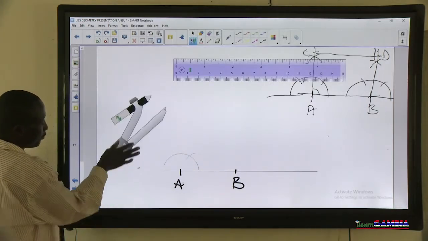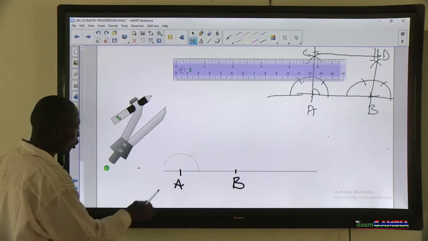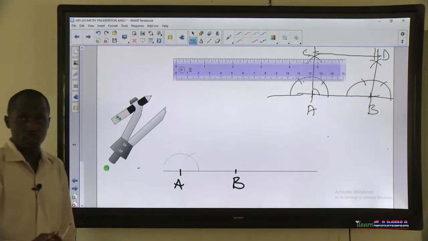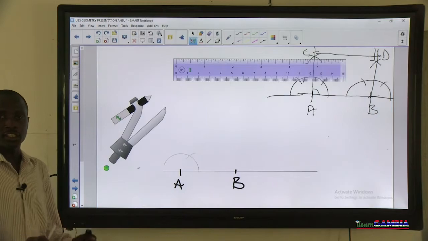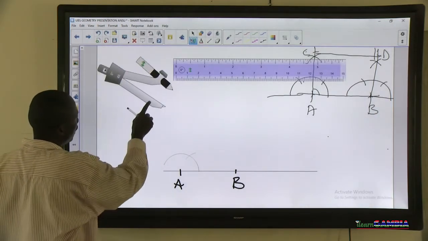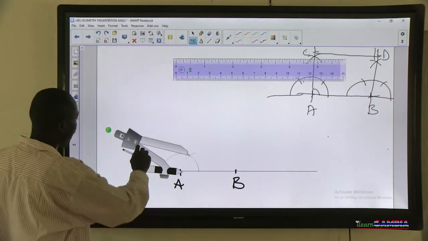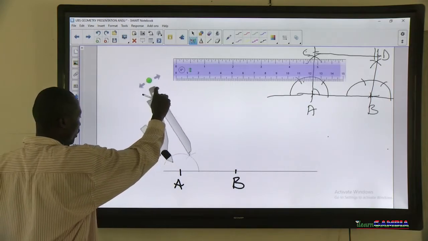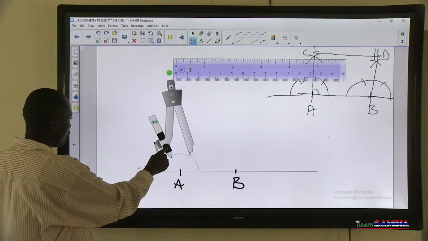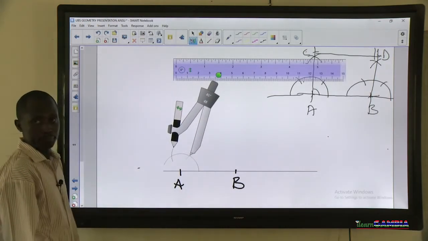Now this arc that I have just drawn, if I draw a straight line from A through that point of intersection, that will be 60, but I don't need that. What I need is 90 degrees. So I'll put the compass point at that point of intersection here, and then draw another arc with the same radius. It is not changing. With the same radius, I draw another arc that way.